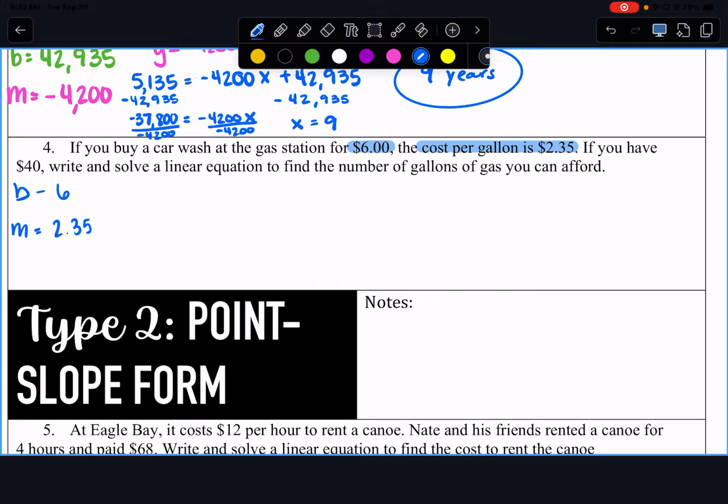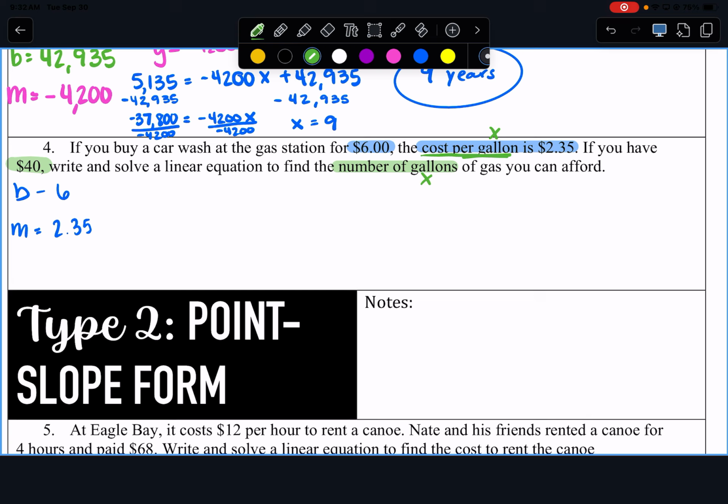And it says if you have $40, write and solve a linear equation to find the number of gallons of gas you can afford. So, am I solving for X or Y? The X. Because our cost per gallon, that tells us what our X is. So we're solving for X.